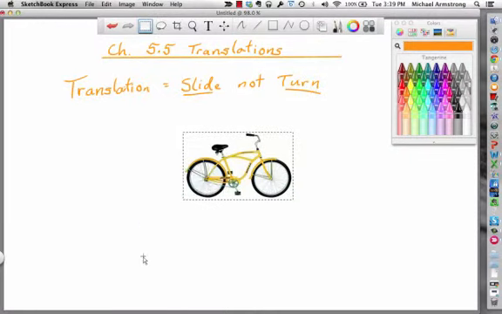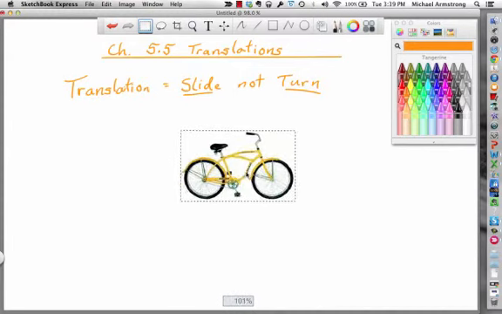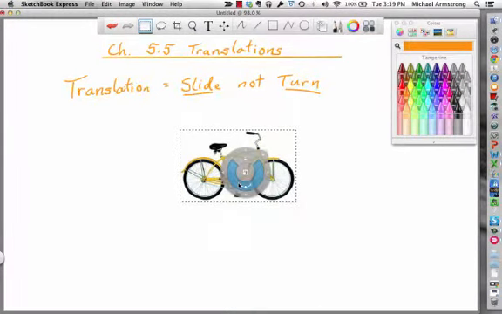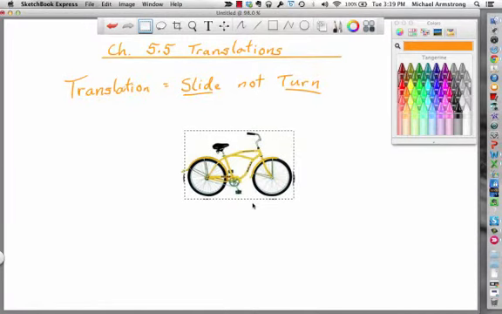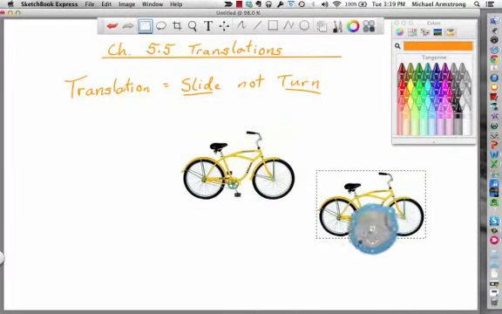For instance, this bicycle, if it starts here, and it ends up over here, that is kind of a translation.